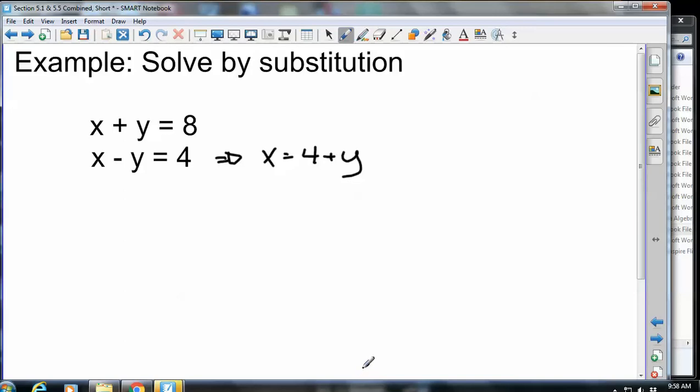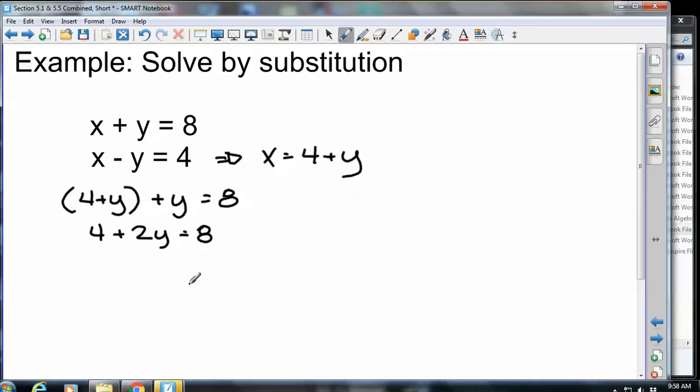Then what do you do with that? Into the first equation. So instead of x, I'm going to do 4 plus y equals 8. So if I subtract my 4, divide by 2, I get y equals 2.